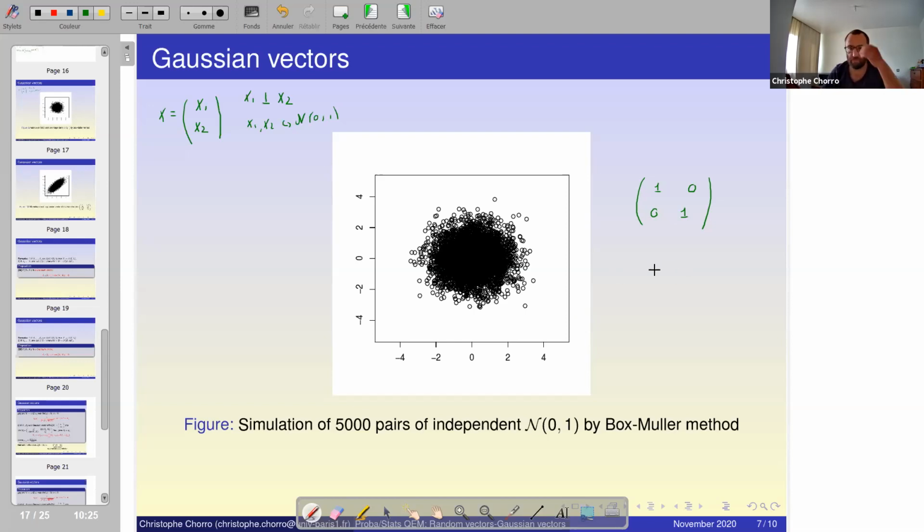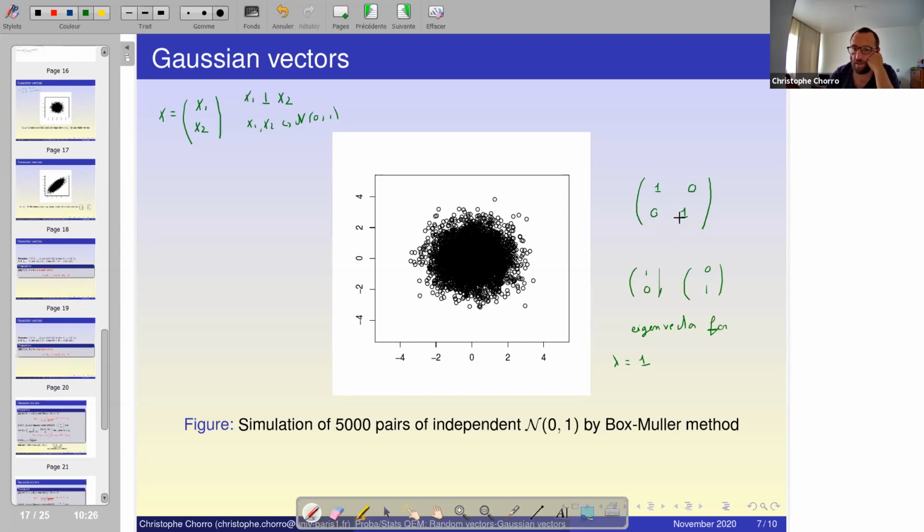And in fact, if you have a look at this matrix, it is a diagonal matrix, and there is one eigenvalue that is 1, okay? And I can see that I have two eigenvectors that are (1,0) and (0,1), for lambda equal to 1.